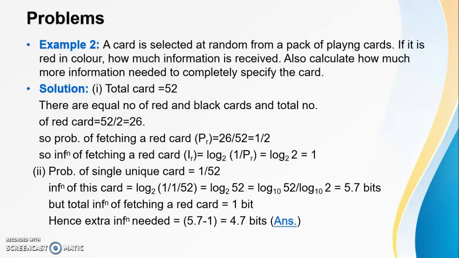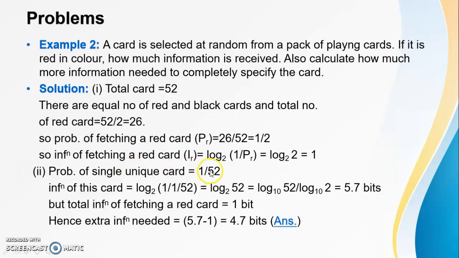Now comes the second part. It says how much more information you need to completely specify the card. The probability of getting a single unique card is 1 by 52, because the total number of cards in a pack is 52, and it may be any one of them.